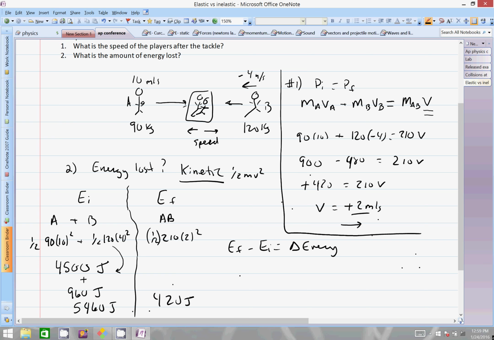So if you subtract these two, we get 5,040 joules of energy is lost.